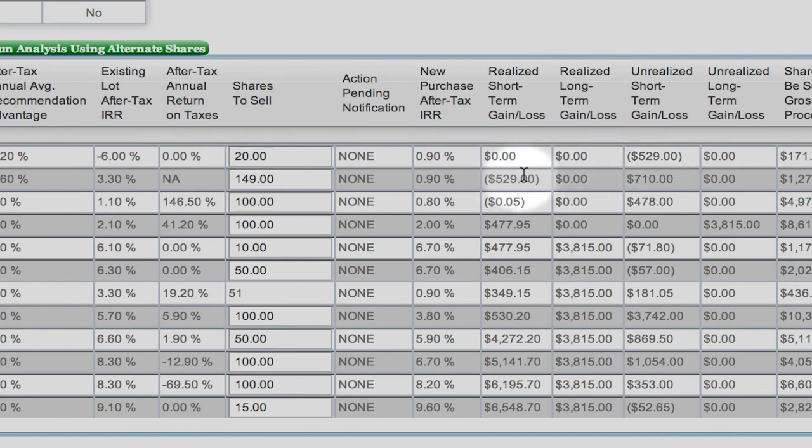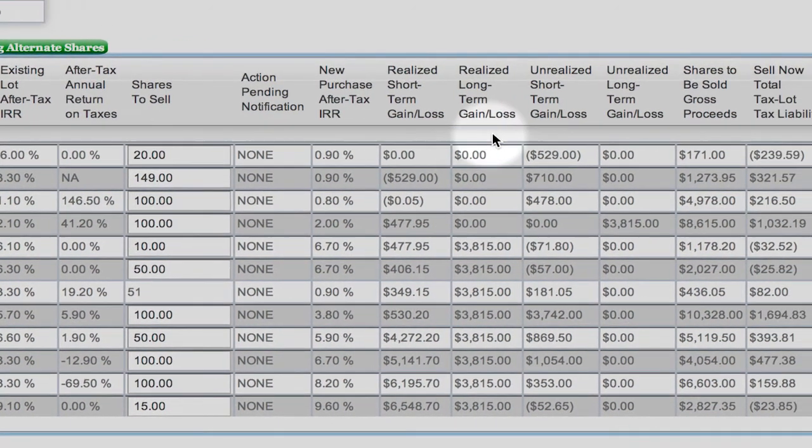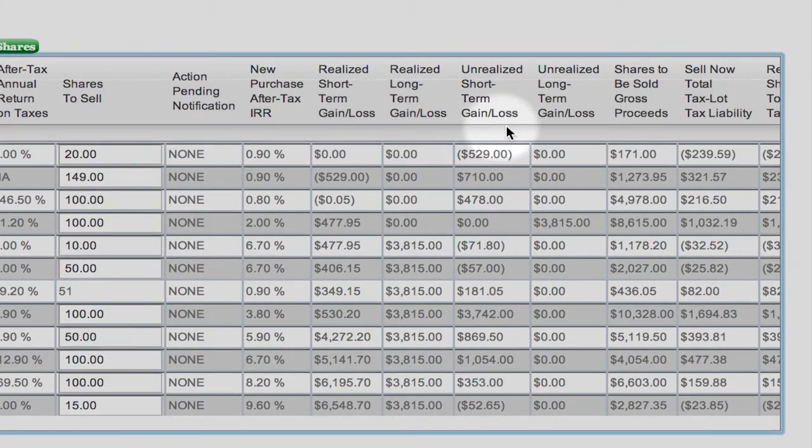Next is the realized long-term gain and loss value, treated the same way as the short-term value except for tax lots held more than 1 year. The next two columns indicate the amount of unrealized gain or loss on the number of original or residual shares of a tax lot, identifying whether it is from a short or long-term holding.